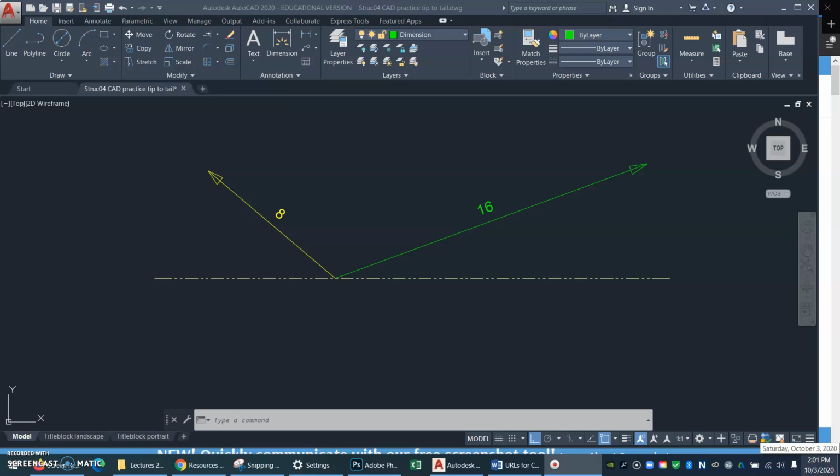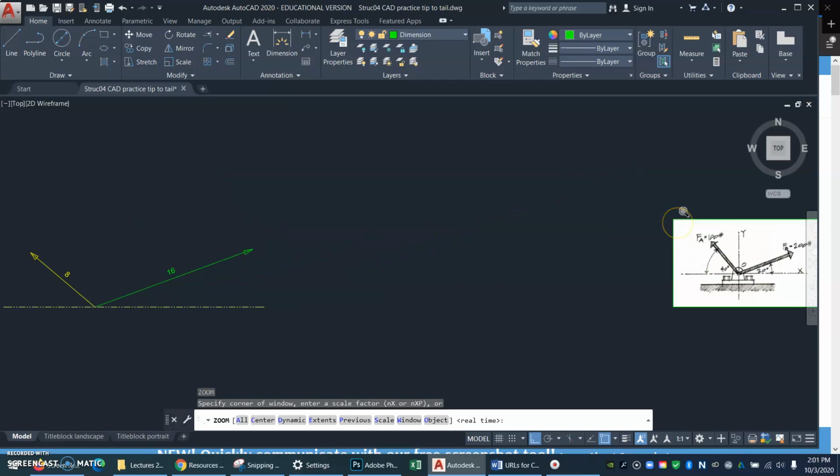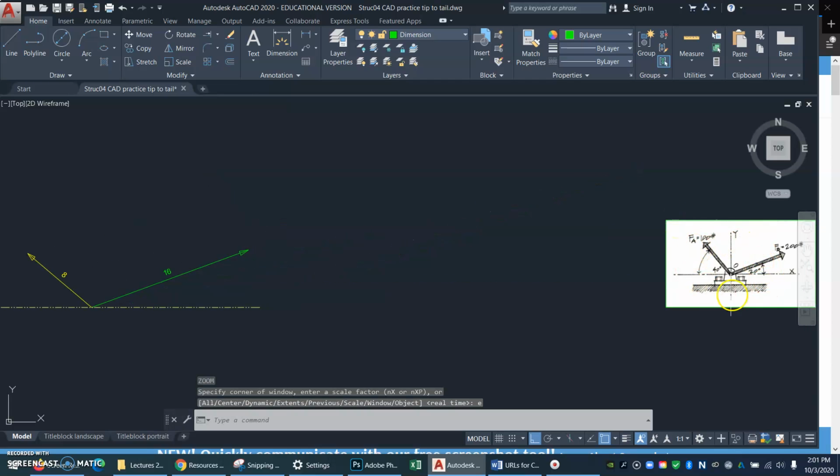All right, let's practice connecting some arrows tip to tail. Now this problem is, let me just look at our homework problem. Our homework problem has two arrows that are 100 pounds and 200 pounds.